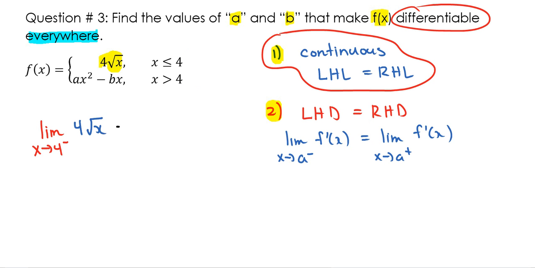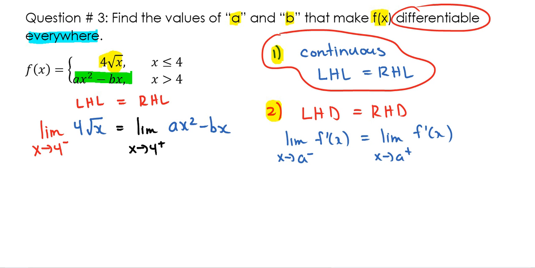And that will have to equal the limit as x approaches 4 from the right-hand side, and that's going to be this guy right here, which is ax squared minus bx. So this is another way of showing that the left-hand limit must equal the right-hand limit.